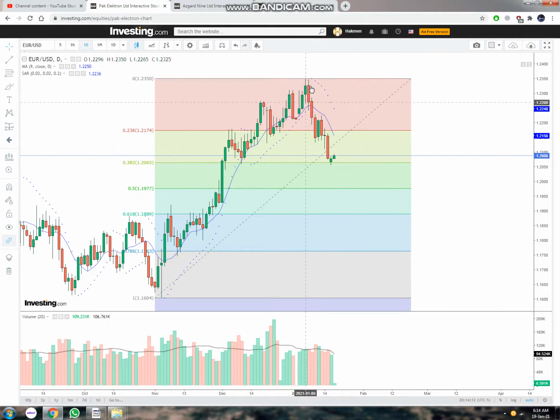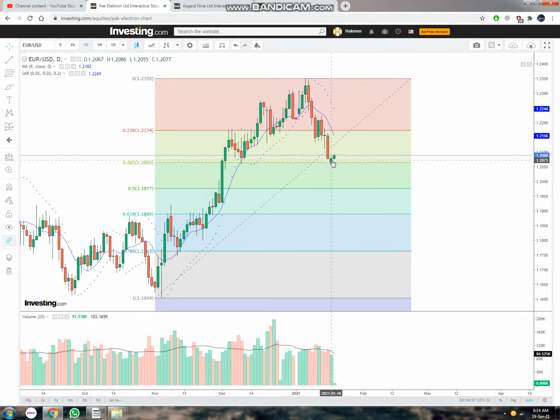Those were coming from the highest point and they were trading at this level. So now in the Euro USD case, the price reached the 38% level and then turned into an uptrend. So this is now continuing its trend in the upward direction.